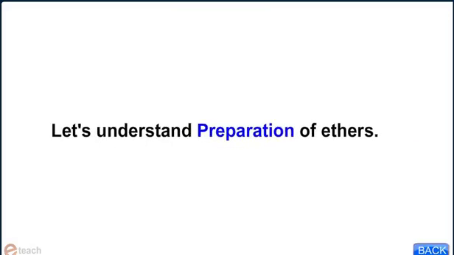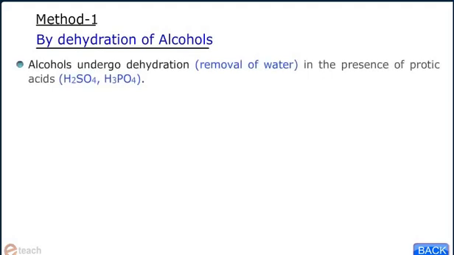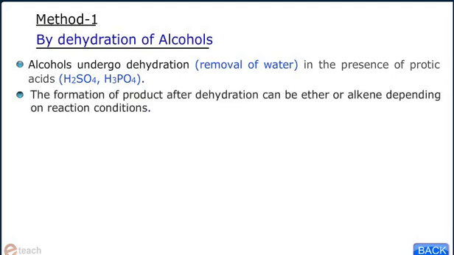Let's understand the preparation of ethers. Method 1: by dehydration of alcohols. Alcohols undergo dehydration, that is removal of water, in the presence of protic acids, that is H2SO4, H3PO4. The product after dehydration can be ether or alkene depending on reaction conditions.